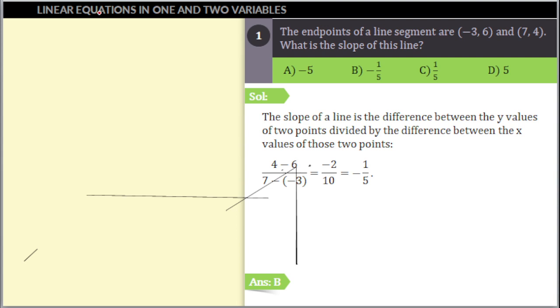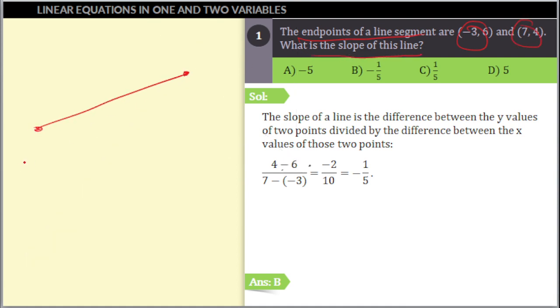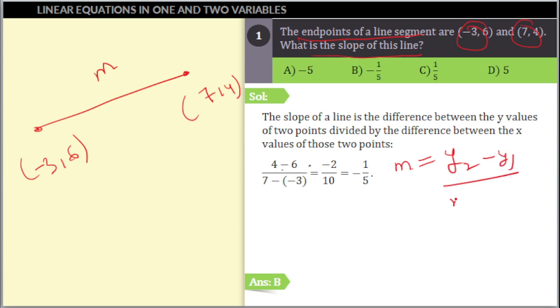Now let's look at some questions. The endpoints of a line segment are these and these. What is the slope of this line? The endpoints are minus 3 comma 6 and 7 comma 4, and we have to find the slope m. We know the formula for m is y2 minus y1 divided by x2 minus x1.